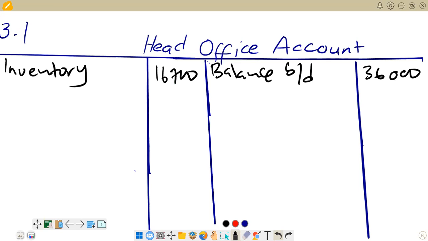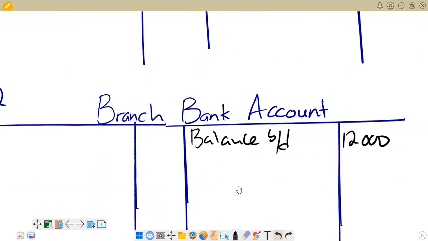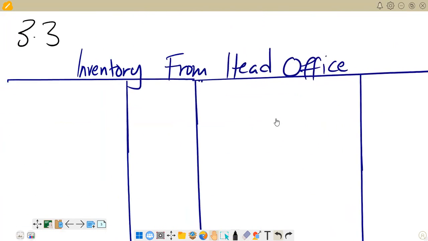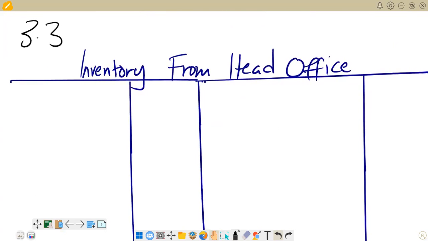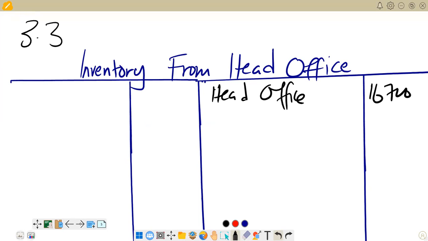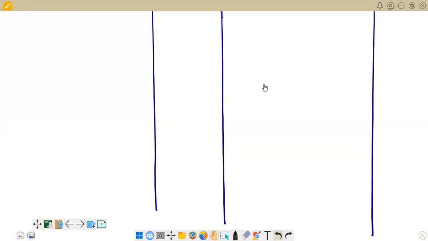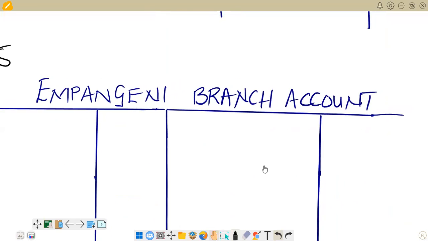So the inventory from head office account, we have it here. This is the inventory from head office account. Remember, we're crediting it, and we say head office 16,700. And also we are going to credit the branch account here.